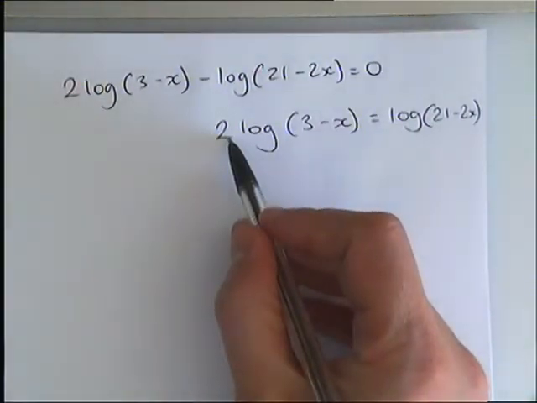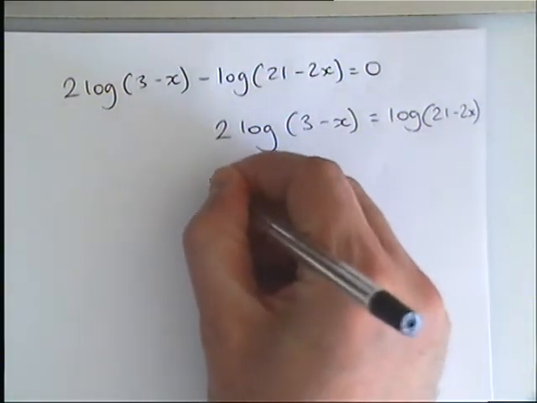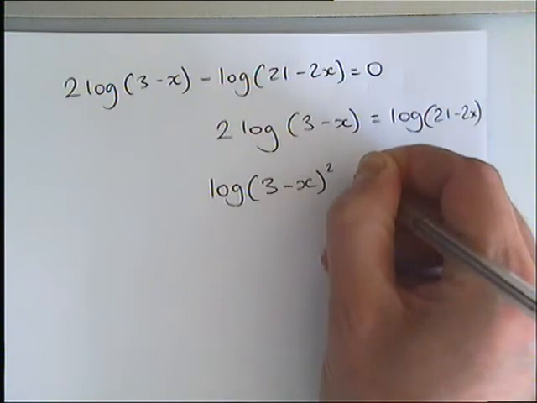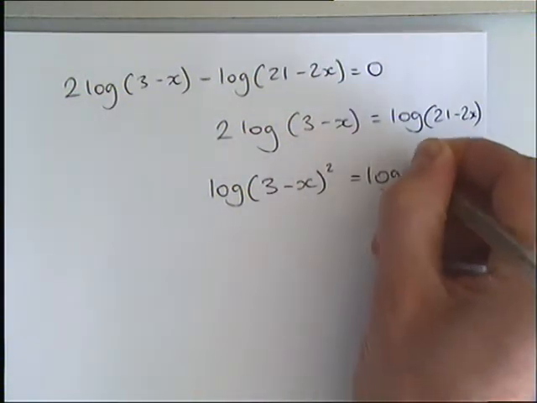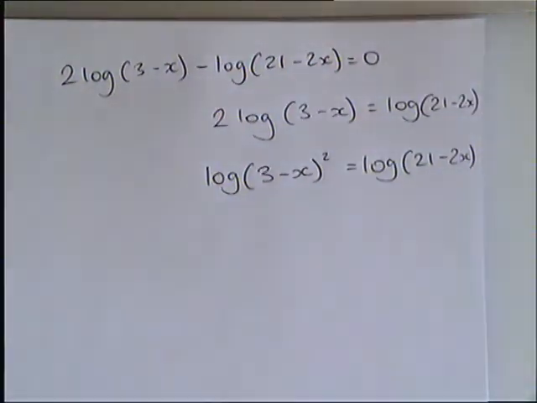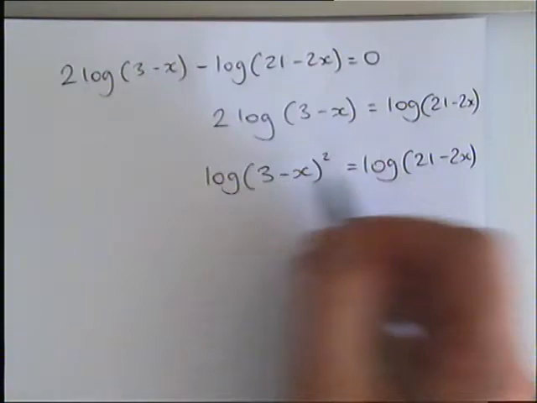Use your laws of logs, bring that 2 up as a power. So we have log of (3 minus x) squared equals log of (21 minus 2x). And now you can raise both sides to the power of 10 because that will clear out both of those logs.